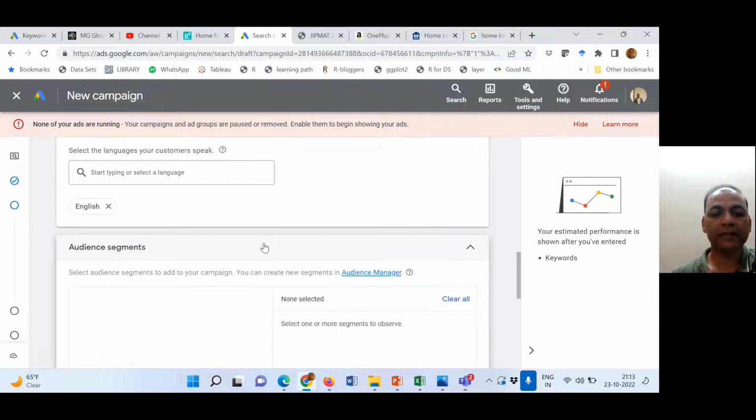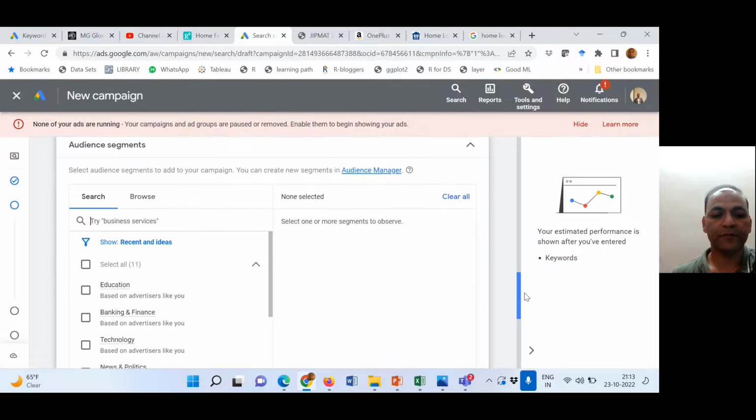Then the next element is the audience segment.